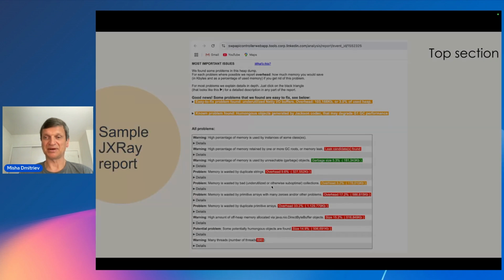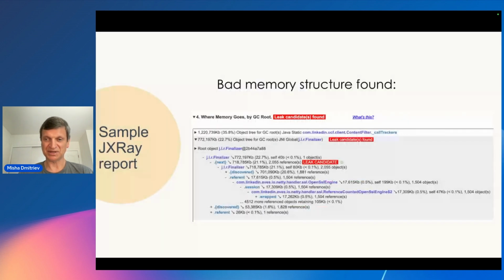Here is one example of such a drill down. For a potential memory leak, the tool presents the object tree. This is a garbage collection GC root, a finalizer object, and then we see that in this case quite a lot of memory, 1/5, 22%, is taken by objects awaiting finalization, which is really not a great thing at all.